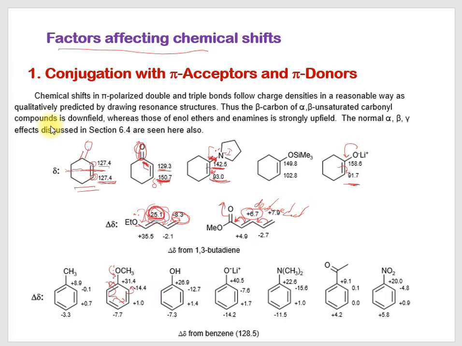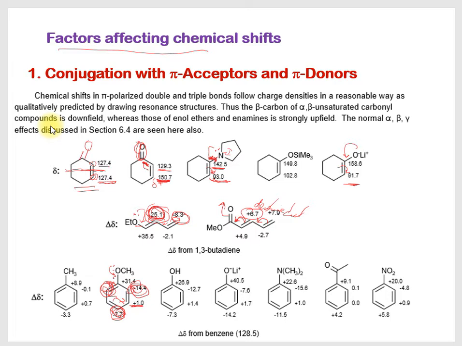But finally, when you draw the resonance structures, you'll find that the ortho and para positions are electron rich, the electron density is more there, so those carbons will be shielded. Whereas the carbon where the negative charge is not going will be deshielded.